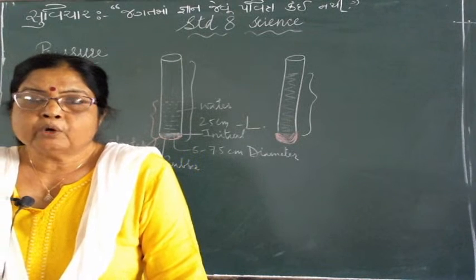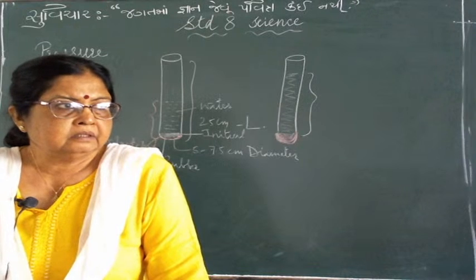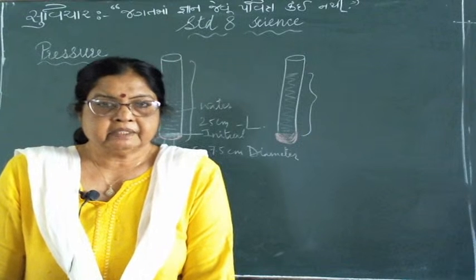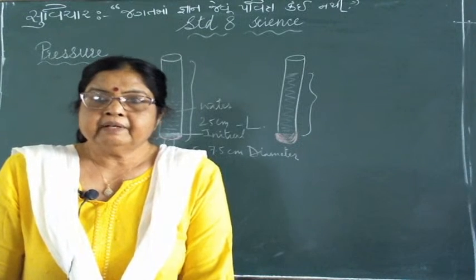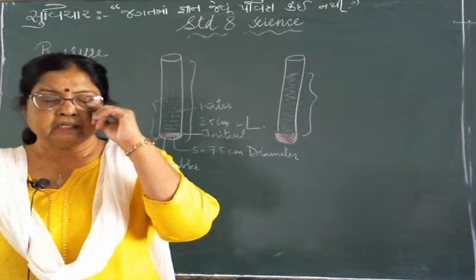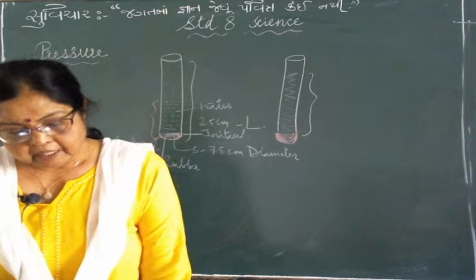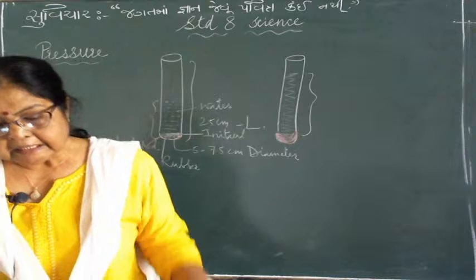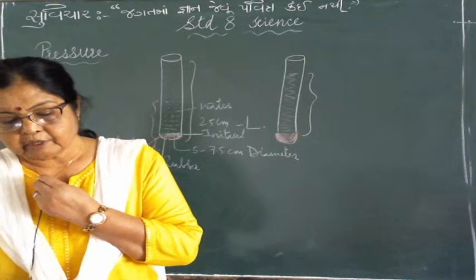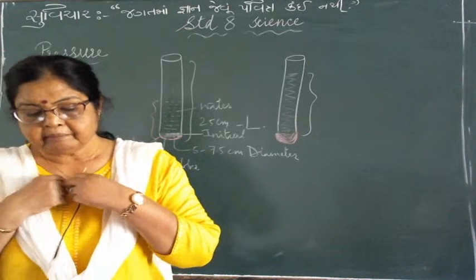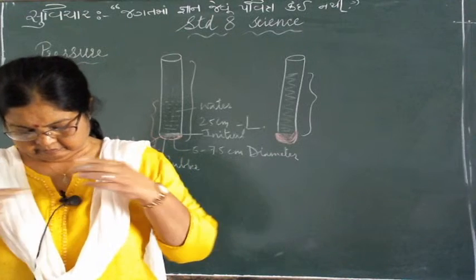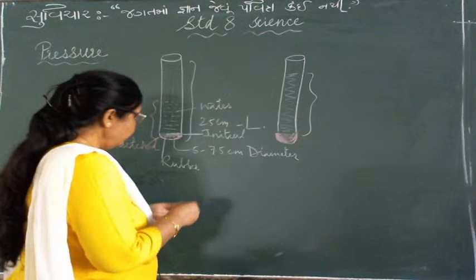Take one empty bottle, like the mineral water bottles we purchase from the shop, and when it is empty, we can use that bottle for our experiment. And at the down part, can you see, you can make one hole in it.